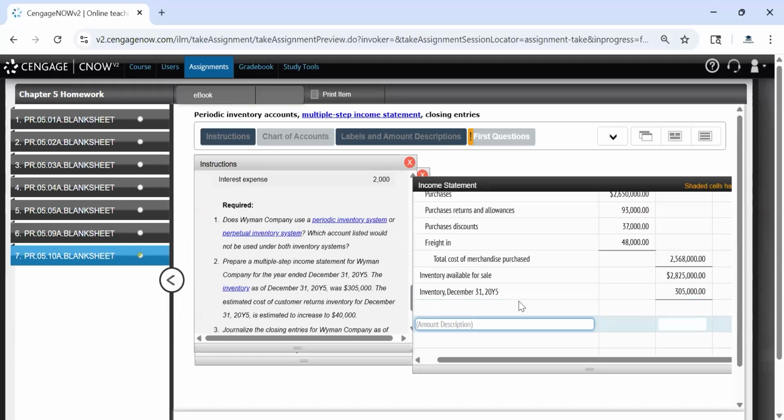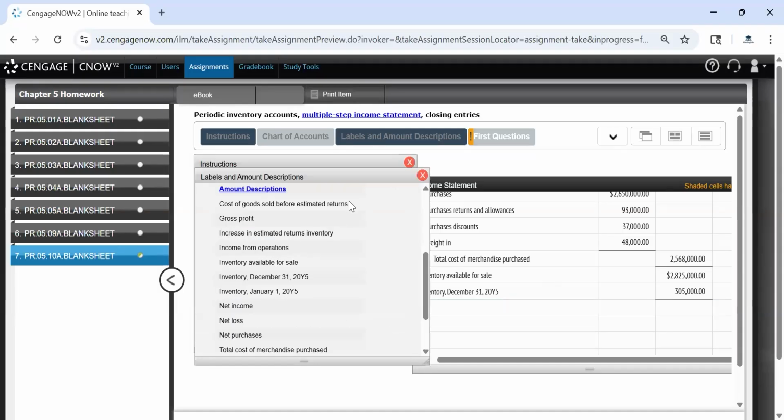And so that's what we're going to put. And then from that, we get the cost of goods sold before estimated returns. And that is the inventory available for sale minus the inventory as of the end of the year, because that was unsold. And then we get a total of $2,520,000.